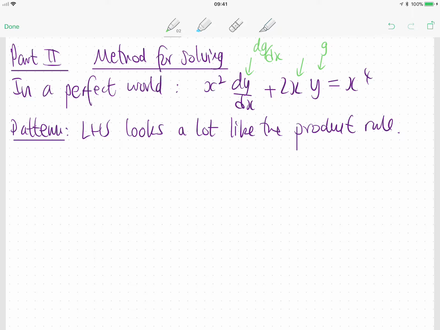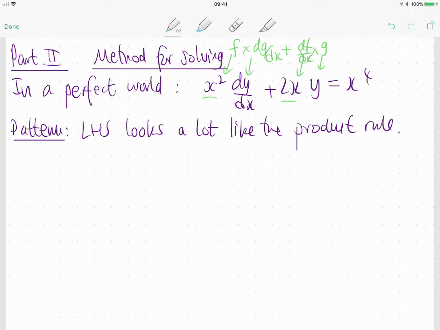Here I have some function, and here I have some function involving just the x's. So I can see if I differentiate x squared, I get 2x. So if I call x squared f, then this thing over here is df/dx.